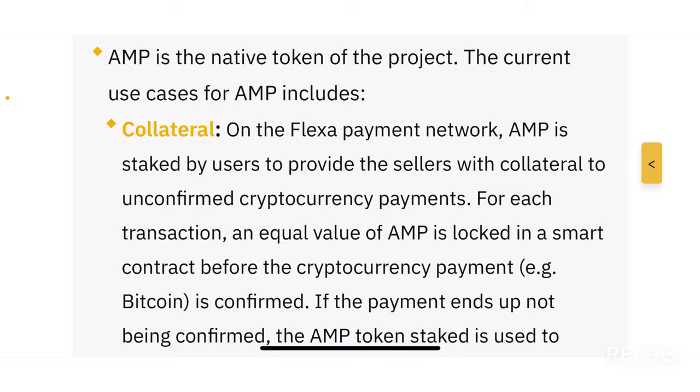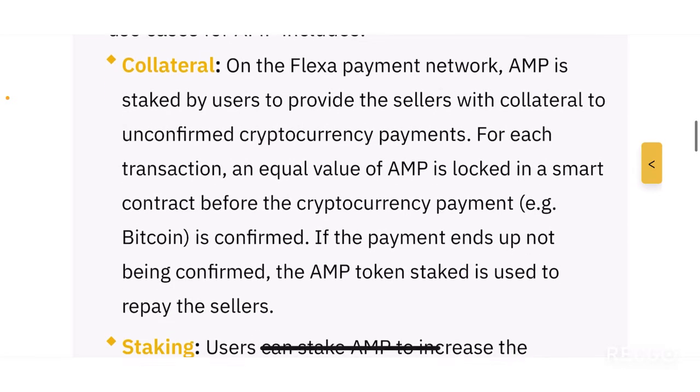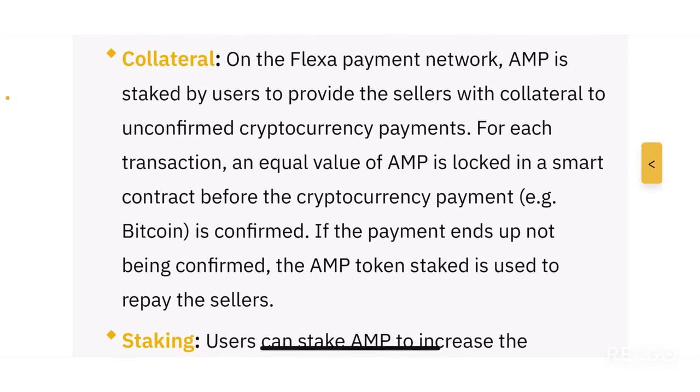The current use cases for AMP include, again, a couple of use cases within the ecosystem of Flexa, and let's cover some of them. So one of the main use cases is acting as collateral. On the Flexa payment network, AMP is staked by users to provide the sellers with collateral for unconfirmed cryptocurrency payments.